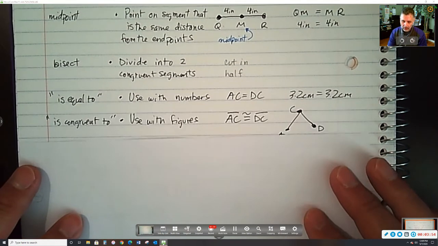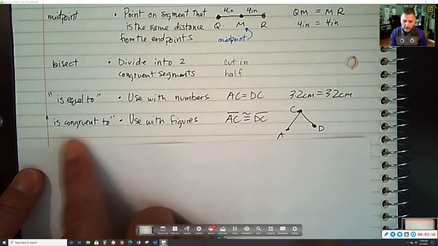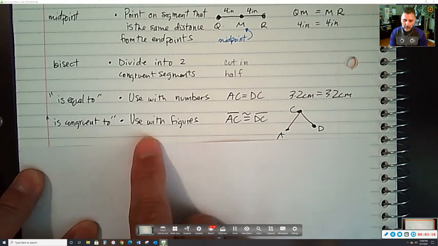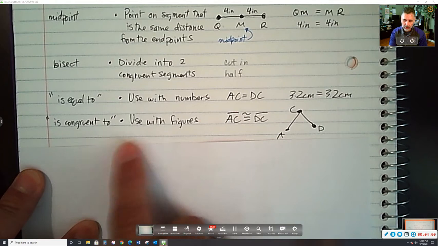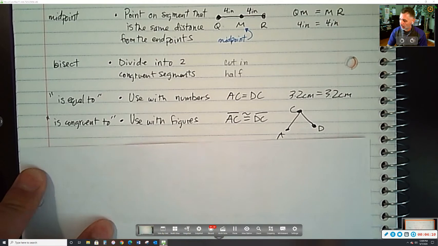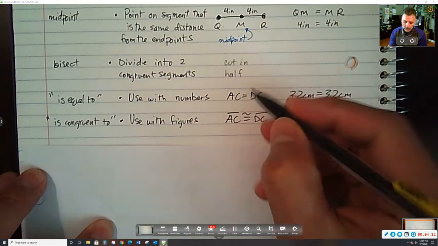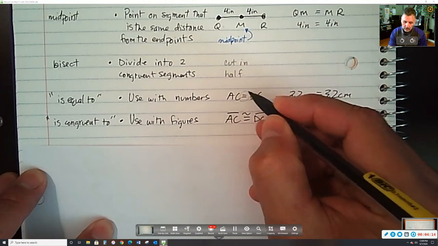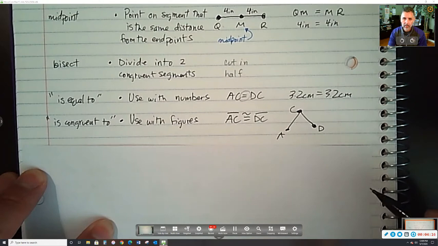And then this one is congruent to. We use congruent to when we're talking about figures, segments, triangles, angles. Okay, and then the two different symbols: you guys all have seen equal to. Equal to is that guy. It's just two lines, right?